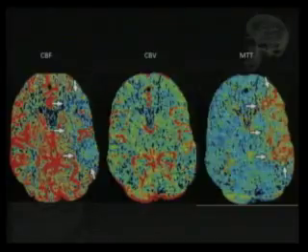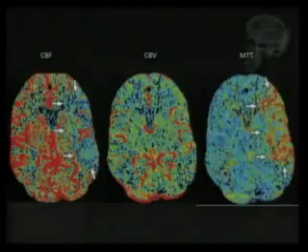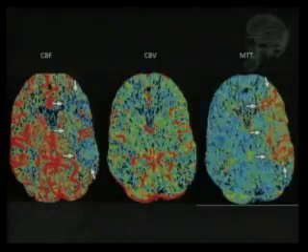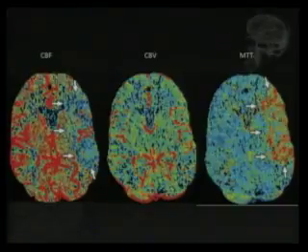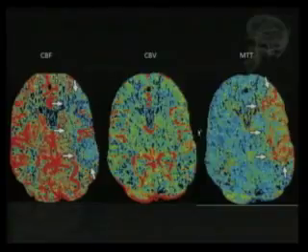So in this case, compared with the contralateral side, blood flow is decreased, mean transit time is increased. We said that's for any patient. But the blood volume, you see, is the same as the contralateral side. So this is good collateral flow, and all this tissue is at risk, but it's still alive. So this is a mismatch between these.